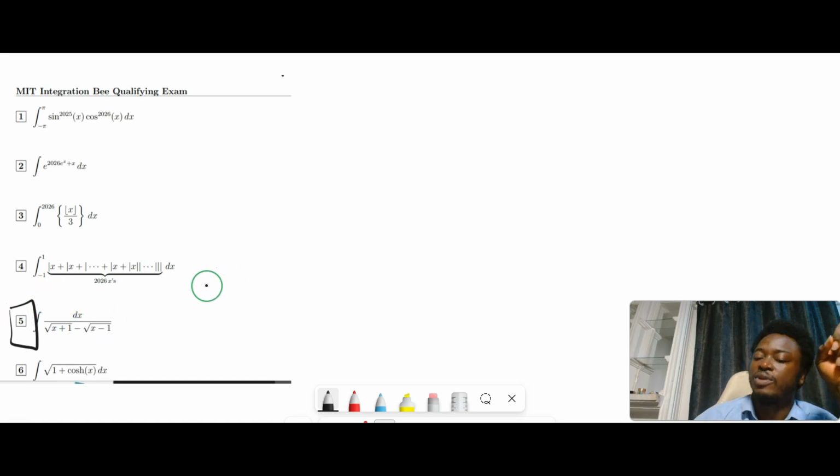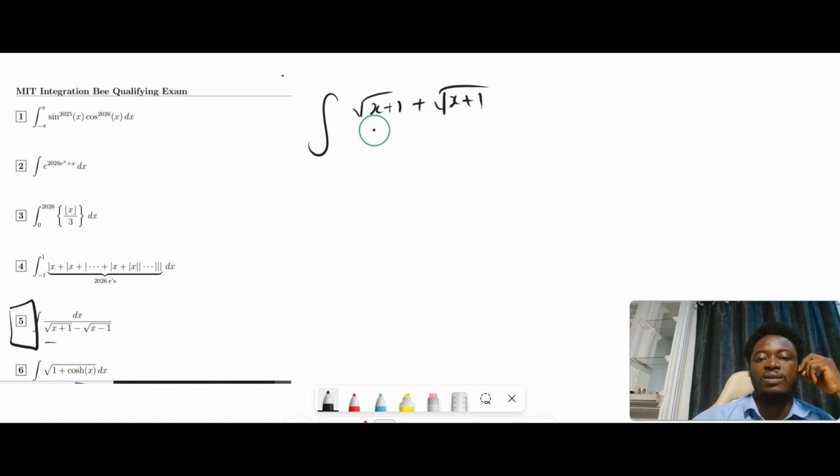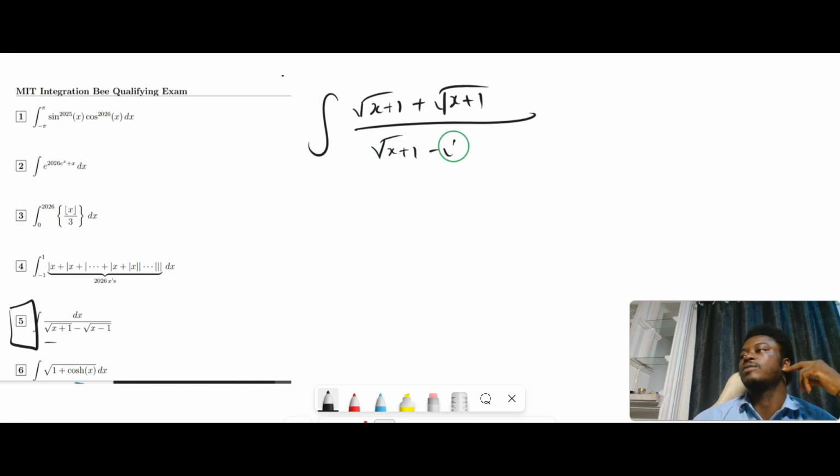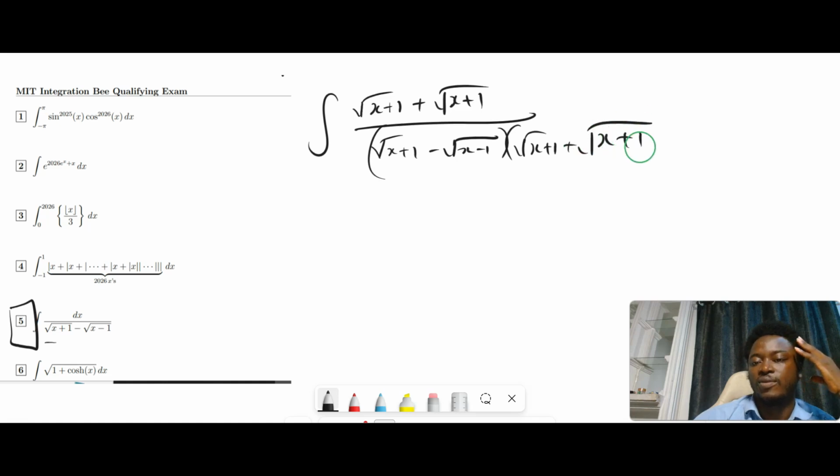Just multiply top and bottom by the conjugate. You're going to have the integral of square root of x plus 1 plus square root of x minus 1, all divided by square root of x plus 1 minus square root of x minus 1 times square root of x plus 1 plus square root of x minus 1.